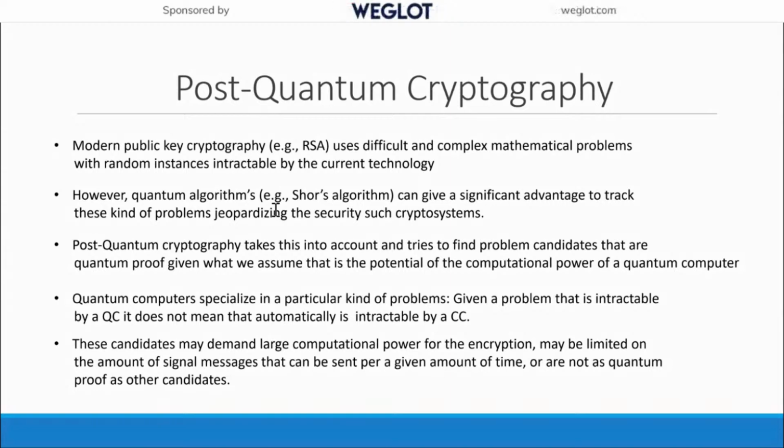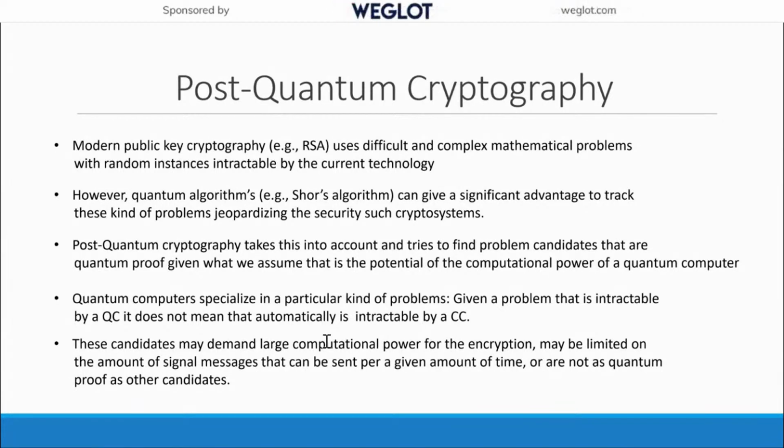However, because quantum computers are specialized at particular kinds of problems, this doesn't mean that if a problem is very hard for a quantum computer, it is also very hard for a classical computer. And of course, for the encoding process, there might be a large computational power demand.